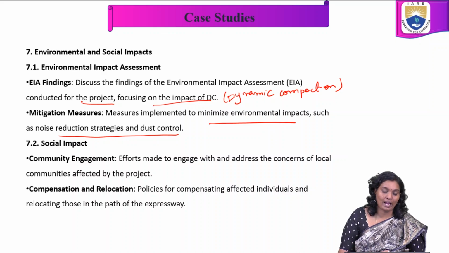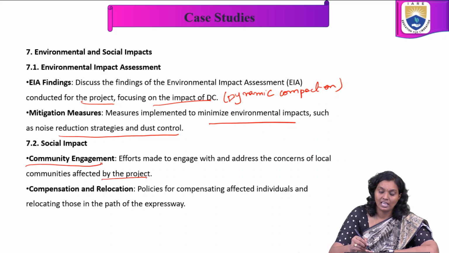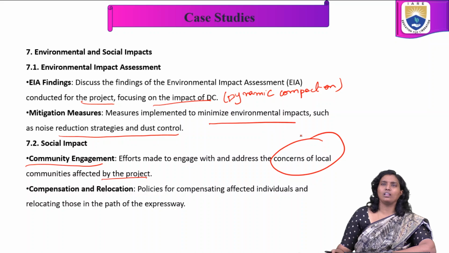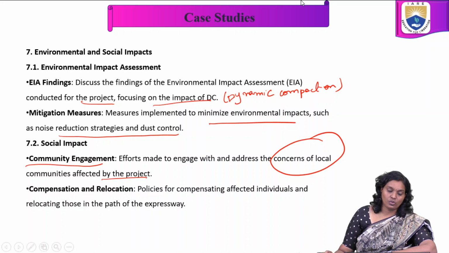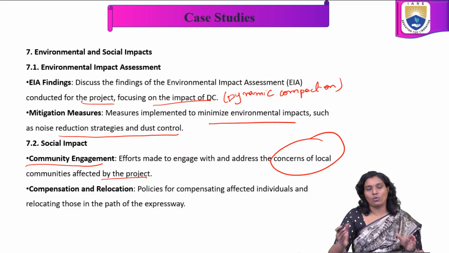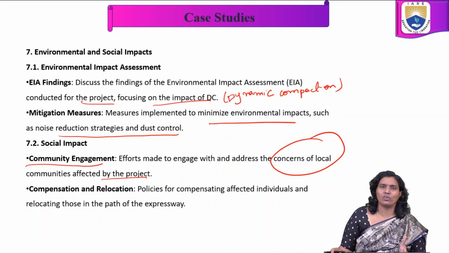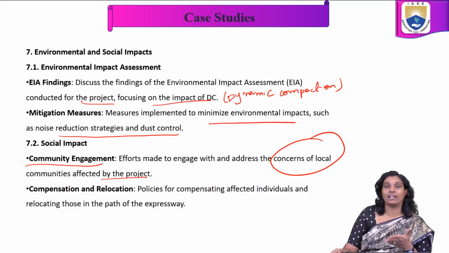In social impact, community engagement means efforts made to engage with and address the concerns of local communities affected by the project. We have to understand the concerns of the local communities and how they are affected. In the short term it may affect them, but in the long run, how it is helpful.